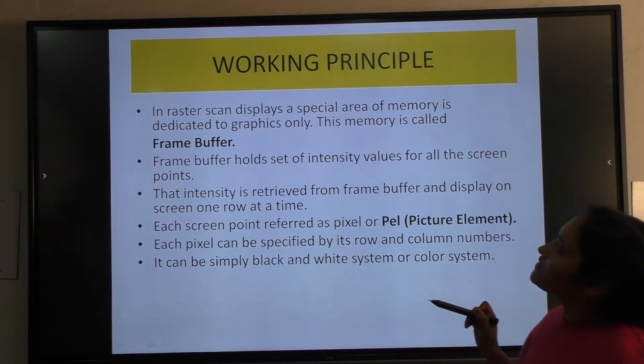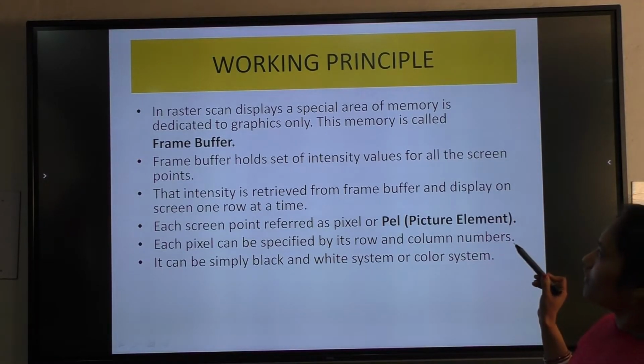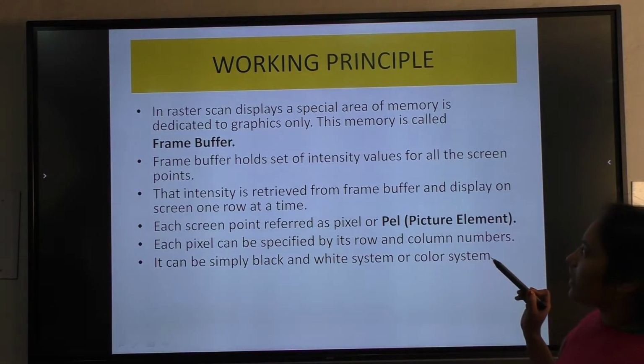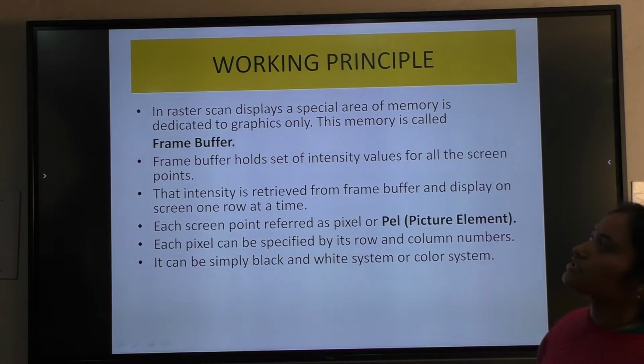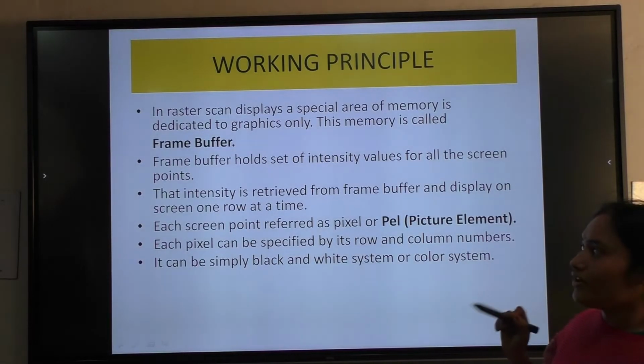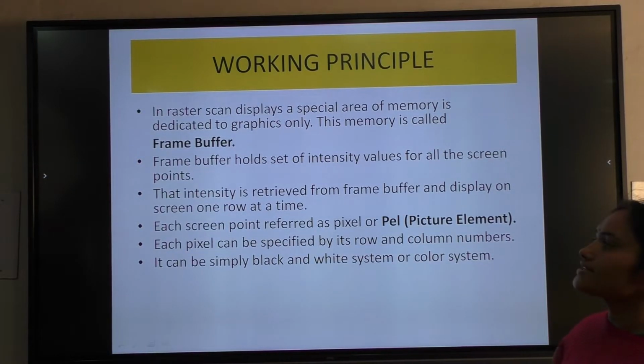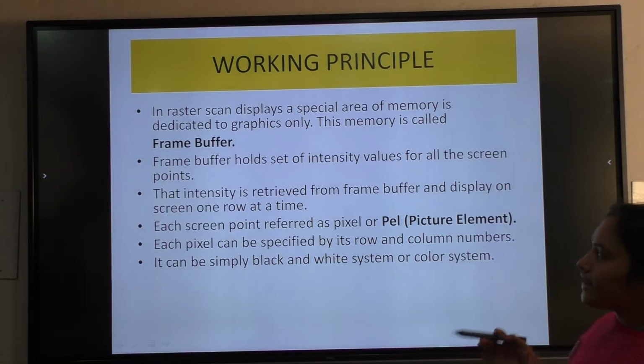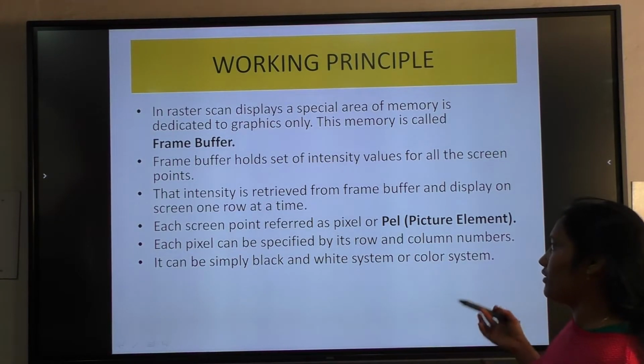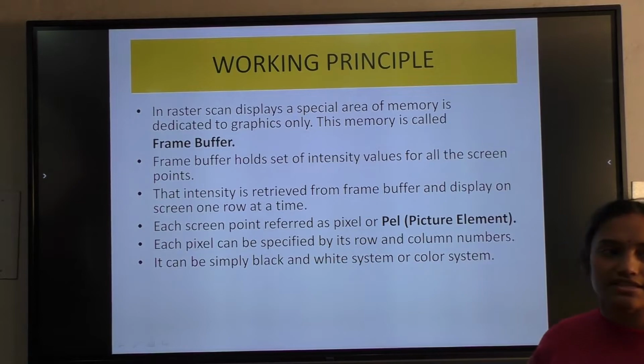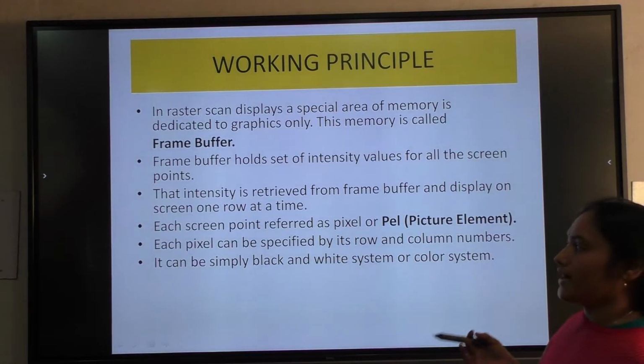In raster scan display, a special area of memory is dedicated to graphics only. This memory is called the frame buffer. The frame buffer holds the set of intensity values for all the screen points. That intensity is retrieved from the frame buffer and displayed on the screen one row at a time.